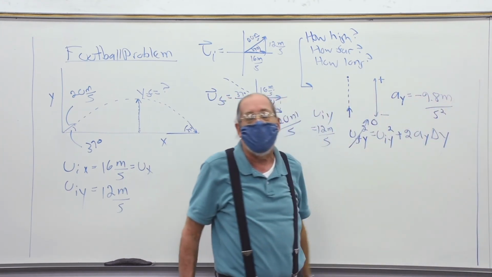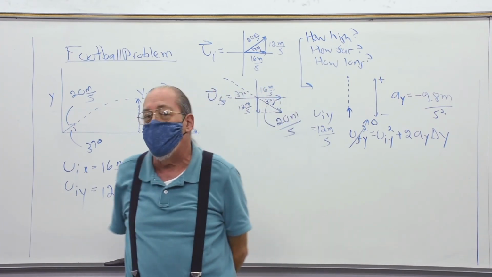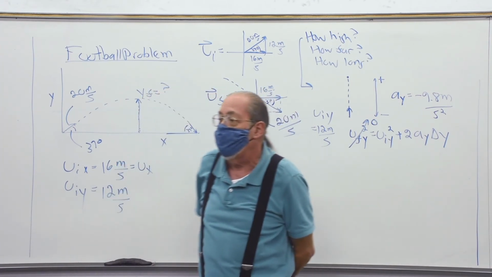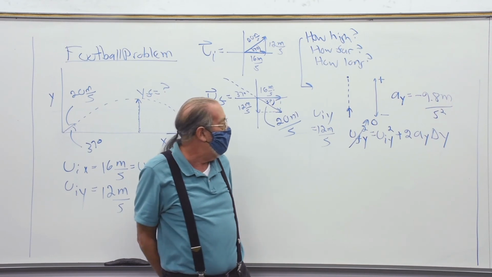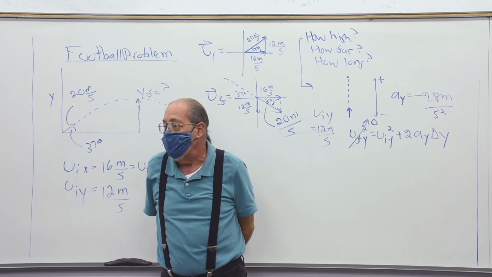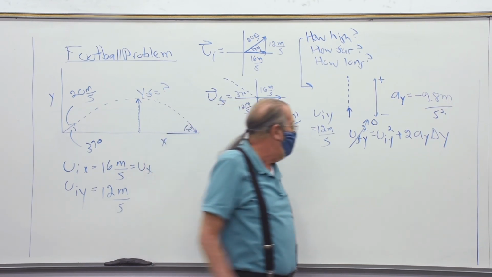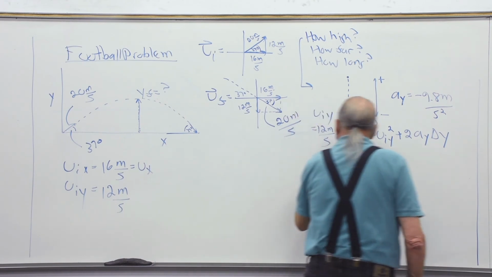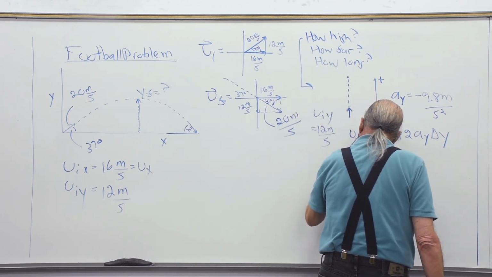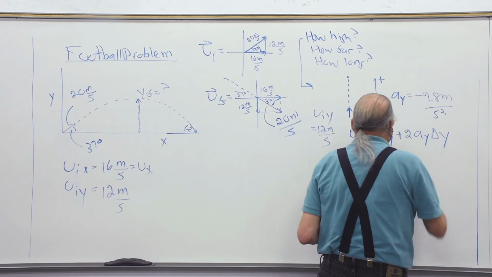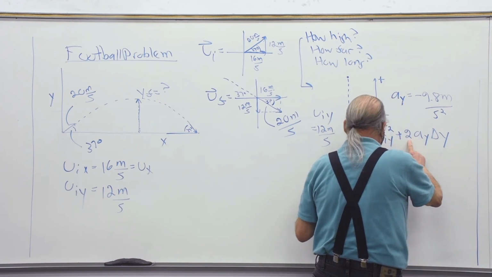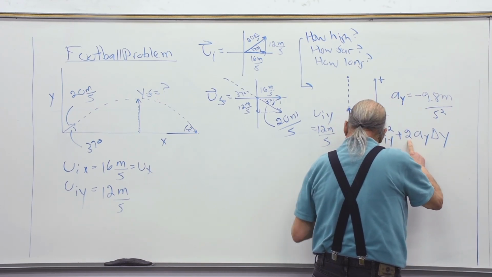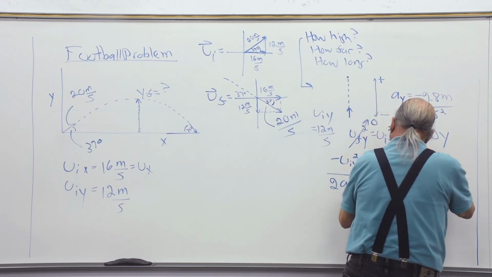Solving for delta y. Solve for delta y first before you go and plug numbers in. Don't start plugging numbers in at this point. Do the algebra first. Bring negative, I get negative v initial y squared, and then I can divide by 2 a sub y, and I get delta y.